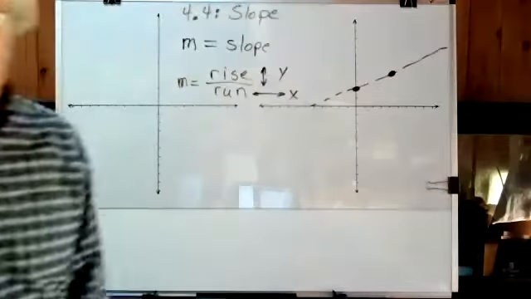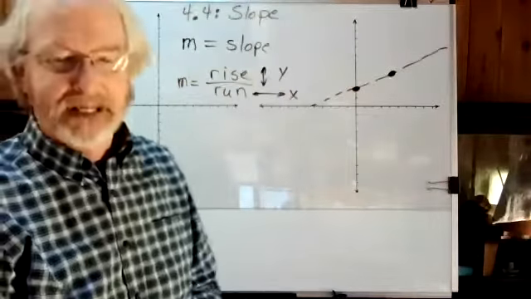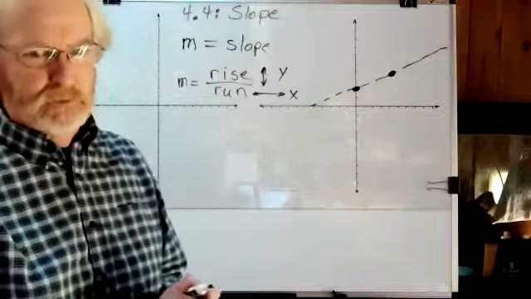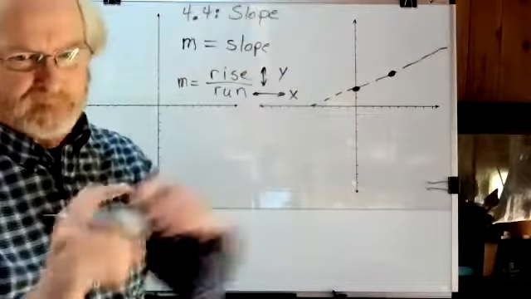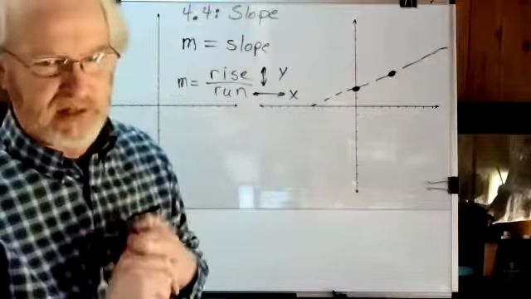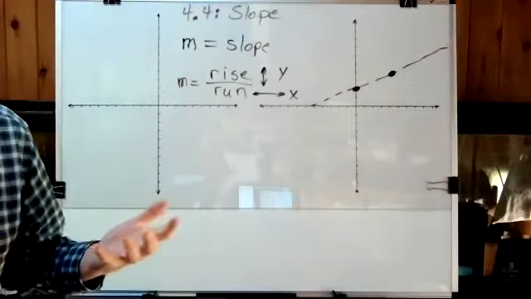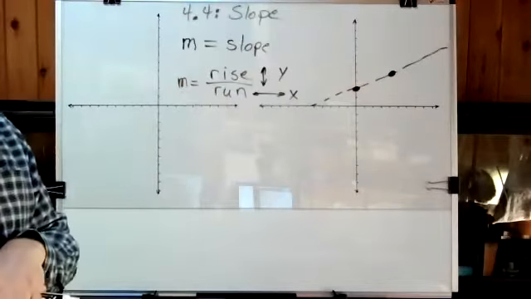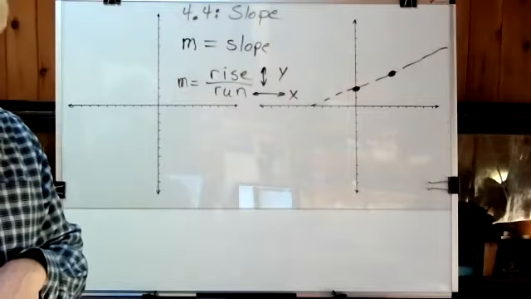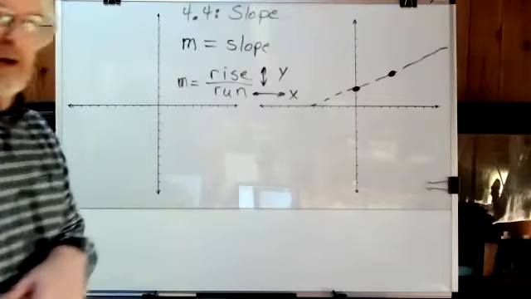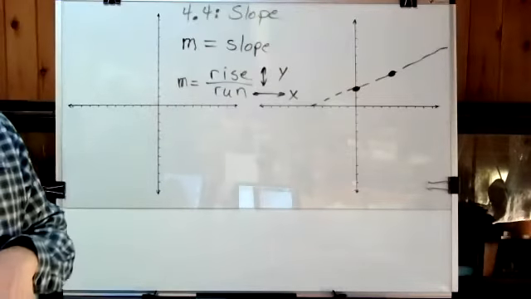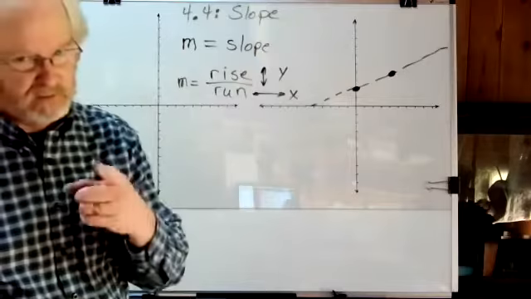Here's a line, and I have recognized two good points, places where the line crosses exactly on the grid and it's not a fraction. I want to figure out what that slope or rate of change is. If I've got a graph to look at, I just want to count the squares and watch the units.